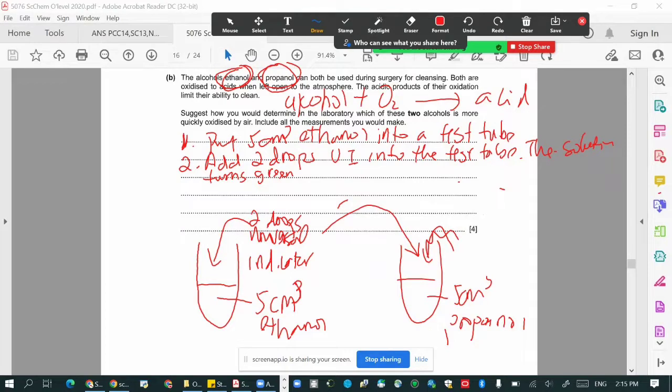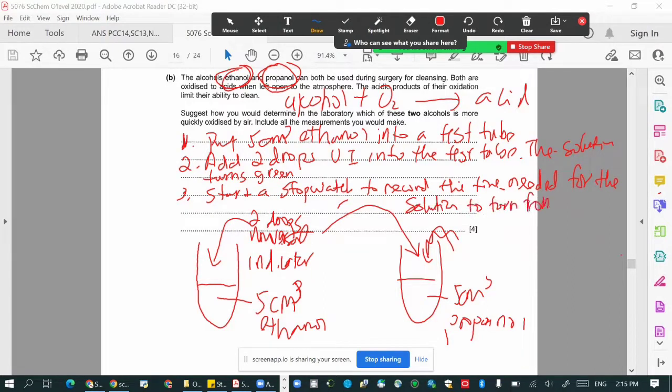Then after that, you need to start a stopwatch, because you need to measure the time taken for the solution to turn from green to yellow, which is acidic, which is weak acid. So you have to start a stopwatch to record the time needed for the solution to turn from green to yellow.